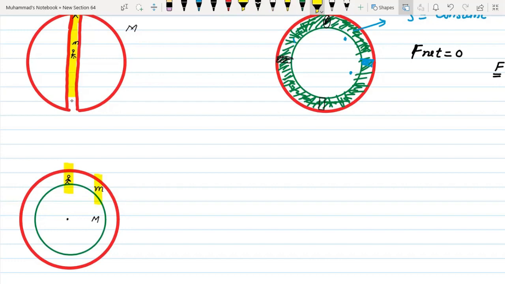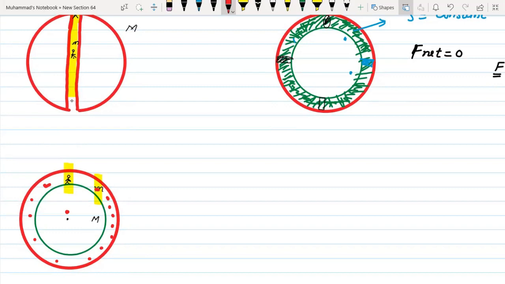You have now two masses. One is this mass ring, and now this inner part is not hollow. Okay, and you are standing somewhere inside the earth, and the mass below you is capital M, and the mass on the upper side of you is small m.